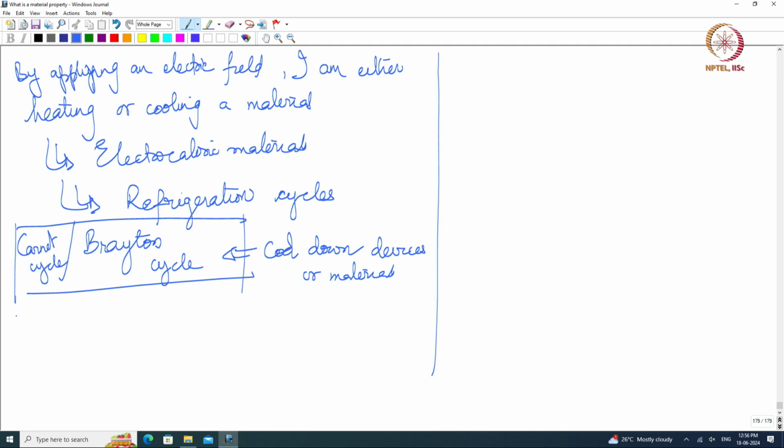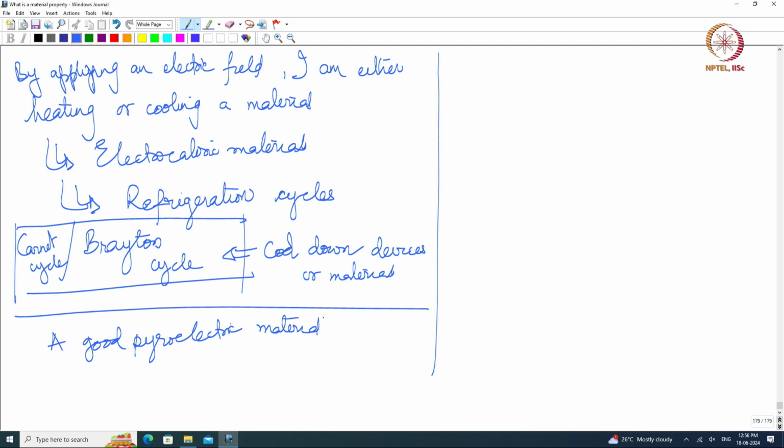However, the more important thing is that a material which is a good pyroelectric material is a good electrocaloric material, right, and that is the magic of thermodynamics, right.